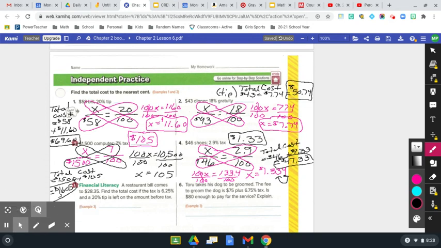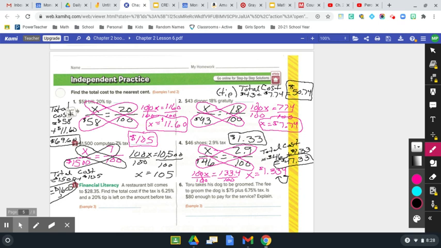All right, let's take a peek. So you should have gotten $69.60. Oh, we did that one already. Sorry about that. Number 2, you should have gotten $50.74 for your total bill at that restaurant. Number 3, you should have gotten $1,605 for that computer that you're buying.